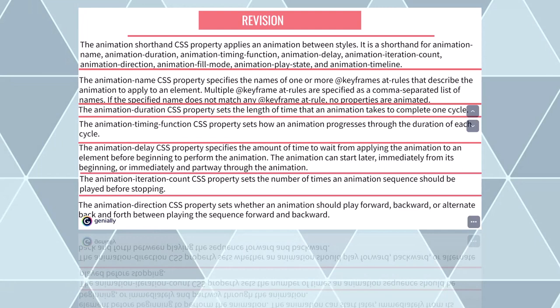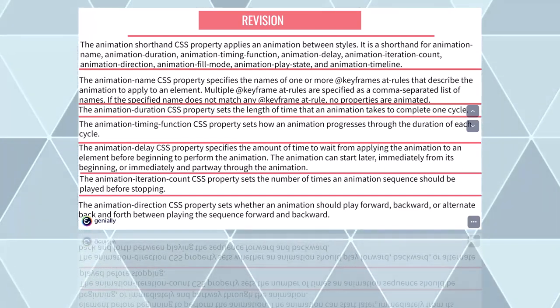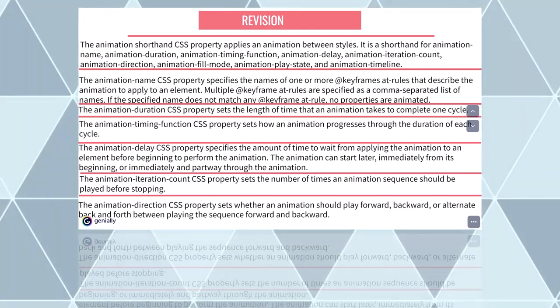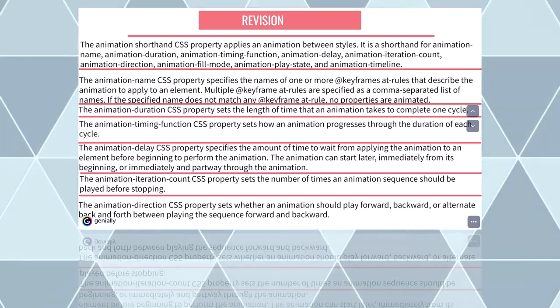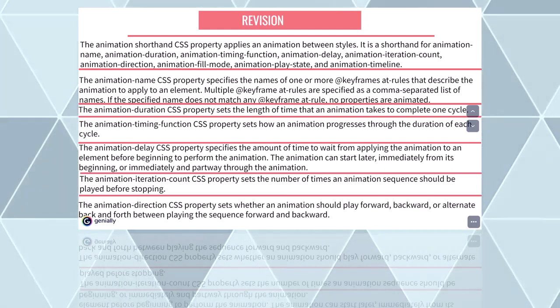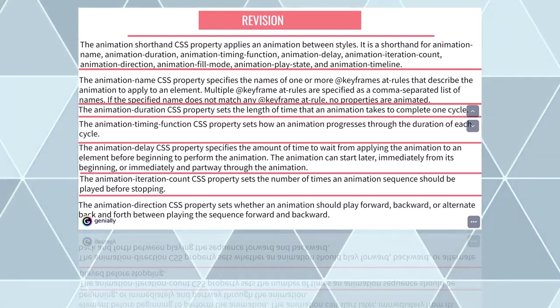For example, if your animation is to rotate that object, you can set how many times you want it to rotate until it stops. Okay. Do we all have the same understanding?